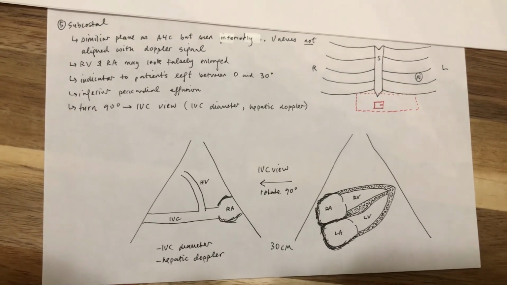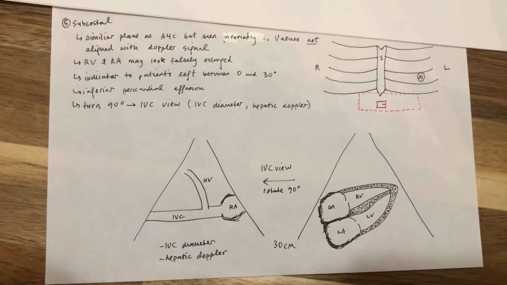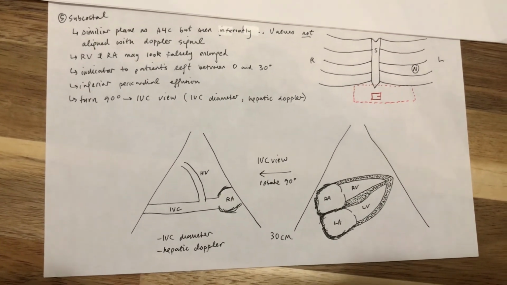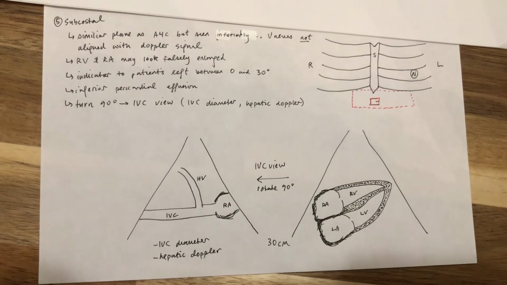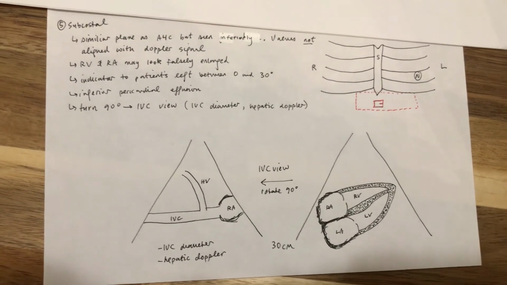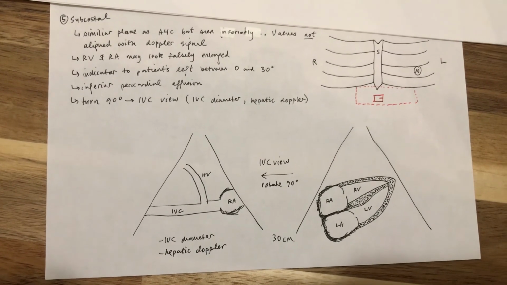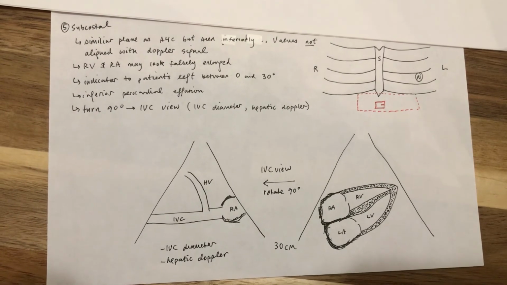So this is useful because this is often easy to get in code situations. It's plus or minus useful for the CTICU, just because patients usually have bandages and chest tubes in the way, but generally, if it's difficult to get parasternal views, the patient tends to have good subcostal views.